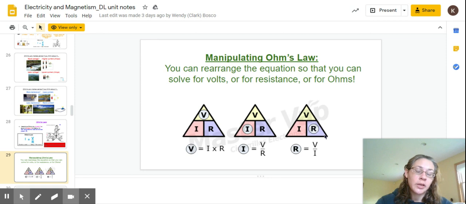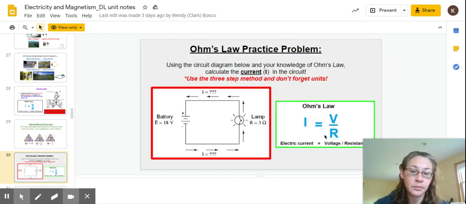So remember that we can rearrange our equation, and this shows you all three possible arrangements. Voltage is equal to current times resistance. Current is equal to voltage divided by resistance, and resistance is equal to voltage divided by current. So in practice, how does this actually work?